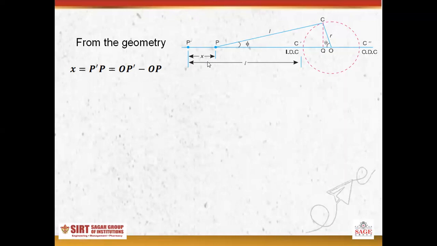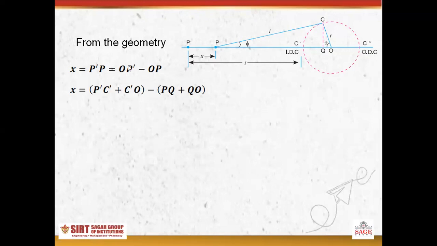the displacement of the piston x is equal to P dash P, and the value of P dash P is calculated from this diagram as OP dash minus OP.